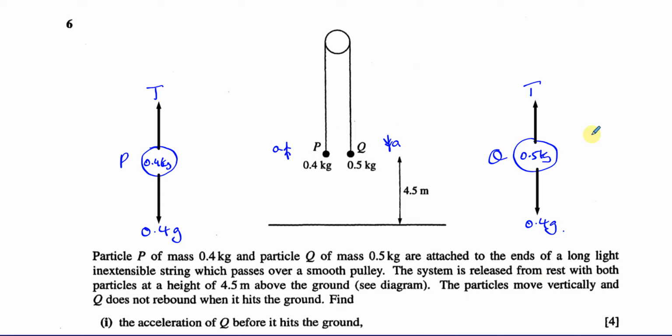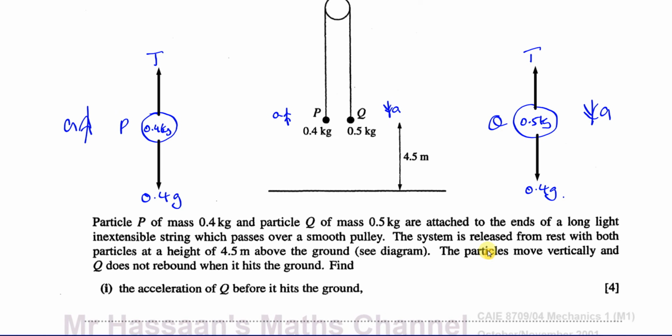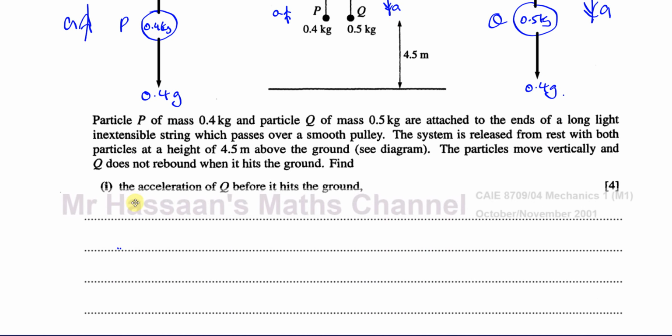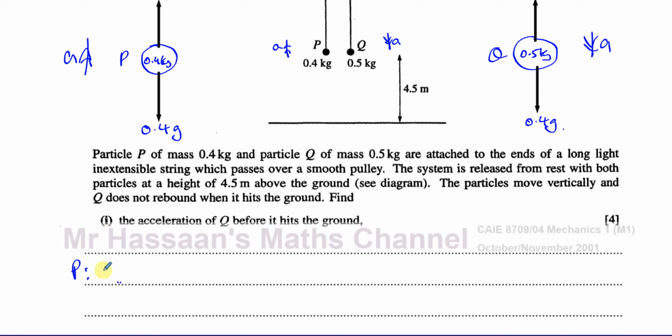Now, as we said, Q is accelerating towards the ground with the same acceleration that P is accelerating upwards, the same magnitude. So we're going to consider P and Q separately. Considering P, as P is moving upwards, I'm going to take up as positive.